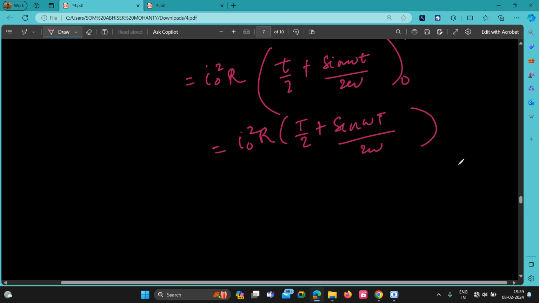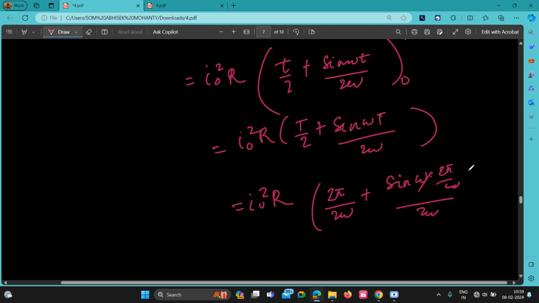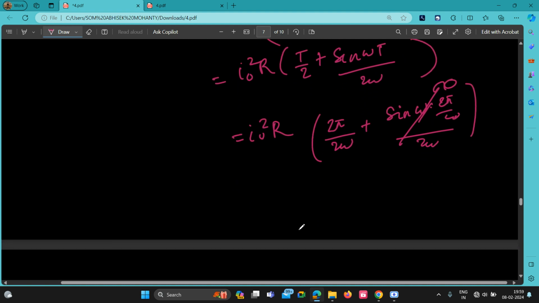Omega, we know T is 2 pi by omega, right? So put T equals 2 pi by omega. Sin 2 pi is 0, we know. Just put it there. So 2 cancels, I naught square R pi by omega.